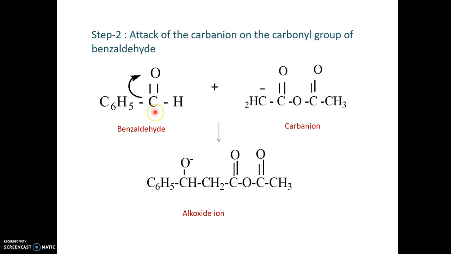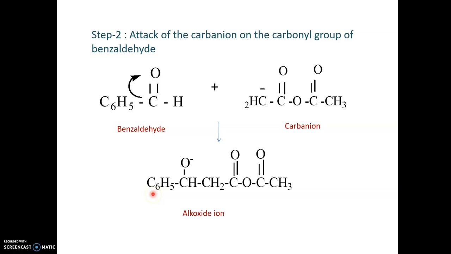So it is very simple for us to write the reaction. Just to this C6H5-C double bond H, you are going to add the carbanion. Since there is an addition of this nucleophile to the benzaldehyde, the double bond is shifted and oxygen gets a negative charge, and hence we call it by the name alkoxide ion.